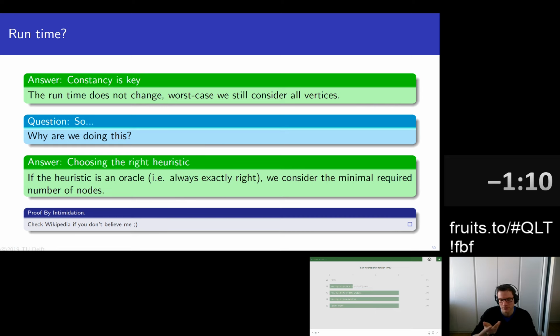Now, of course, this is a nice property for the algorithm to have, but also a bit unrealistic when it comes to solving actual real-world problems. Because if we have this perfect oracle, the oracle that's always right, then we don't need to use Dijkstra or whatever algorithm we're building now, because we already have an oracle that can tell us the right answer. But our goal is then to get to a heuristic that is as close to this oracle as possible, because then we will get as close as possible to actually considering only the minimal required number of nodes.